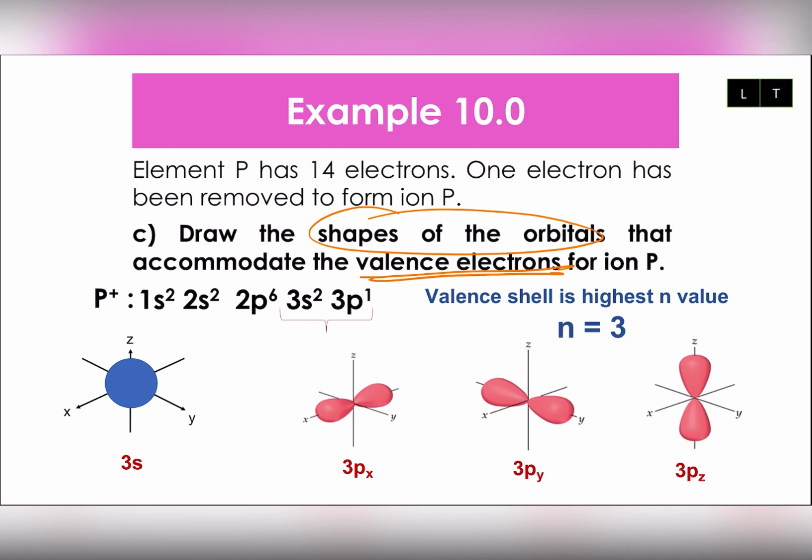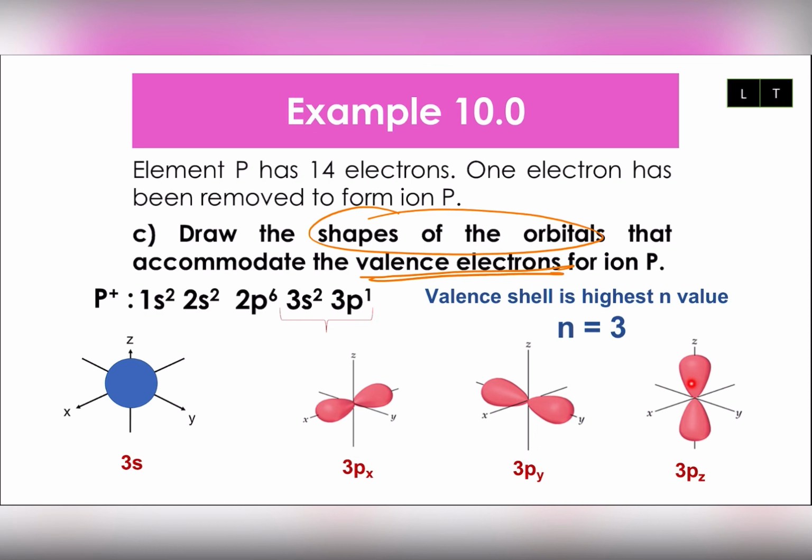However, you have to look carefully. Here, the 3p orbital only has one electron. So one electron in this case can be in 3px, or in 3py, or in 3pz. So which one should you draw? Macam mana kita nak jawab based on this question? Kita hanya ada satu electron.